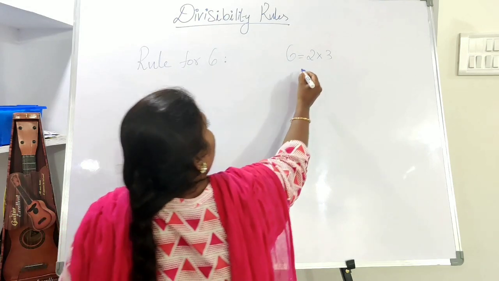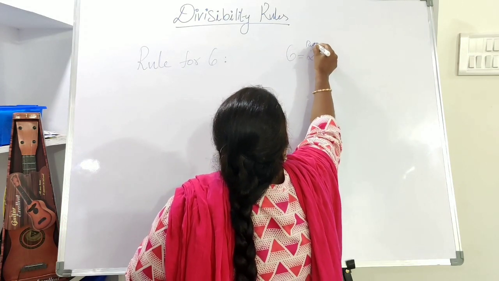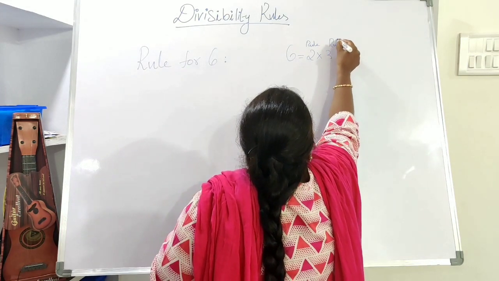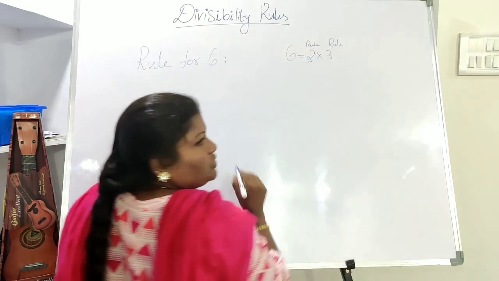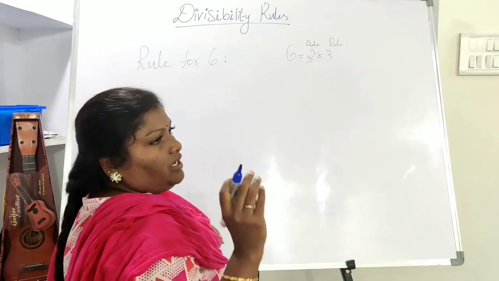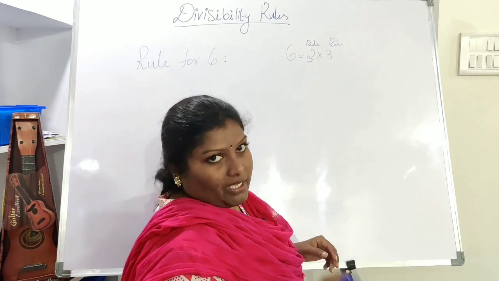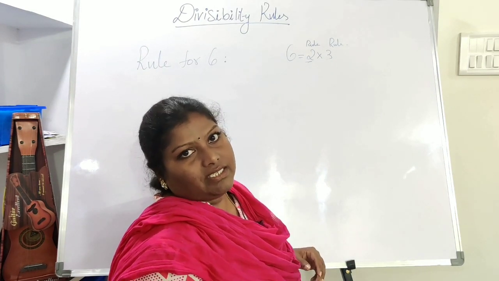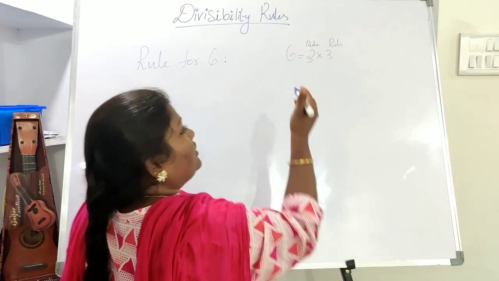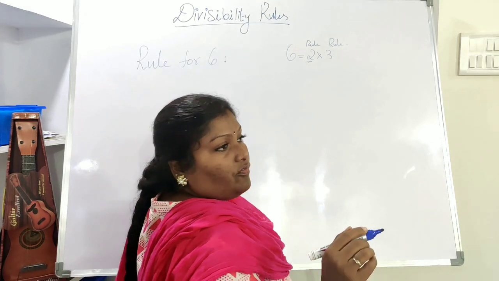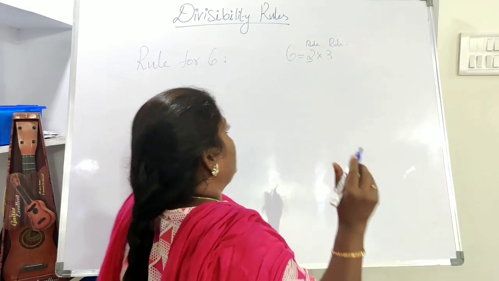So here we have to check the rule of 2 and the rule of 3. Now what is the rule of 2? The rule of 2 is, in units place you should have either 0, 2, 4, 6 or 8. And the rule of 3 is you have to find the sum of the digits.